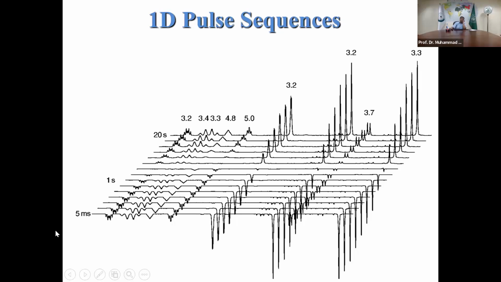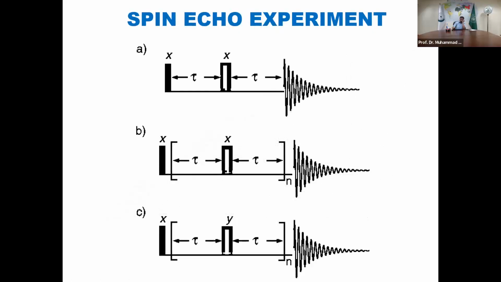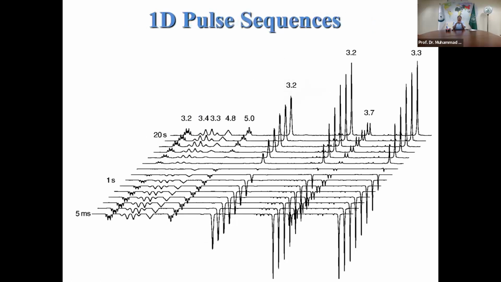And this is the experiment which you need to understand to the core, because this is eventually the basis of multi-pulse NMR spectrum. It's called inversion recovery method. And this is recorded, and often it is performed in order to calibrate the NMR spectrometer.